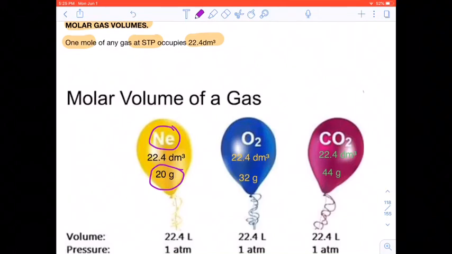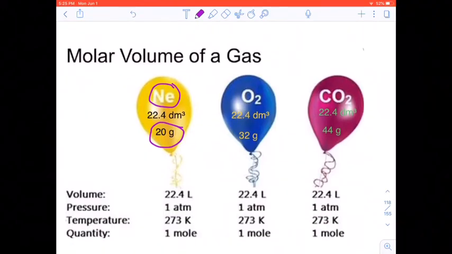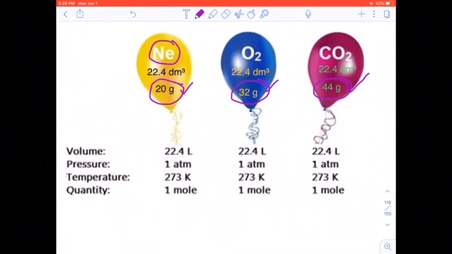If we want the mass of 1 mole of it, we express that in terms of grams. And here's oxygen. Oxygen is 32 because it's diatomic. And here's carbon dioxide. So if I have 20 grams of neon, 32 grams of O2, and 44 grams of CO2, what do I know? They all occupy 22.4.